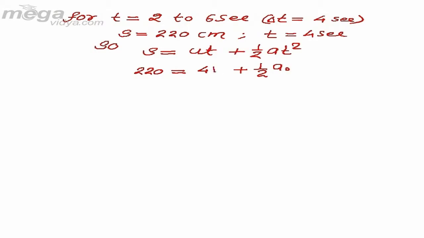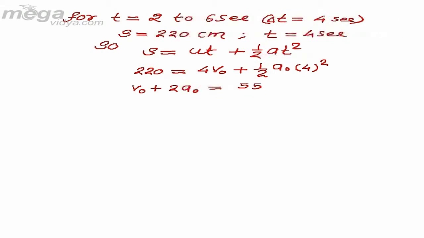It becomes 220 equal to 4 times v naught plus half into a naught into the square of the time interval, 4 square. Now this equation finally converts to v naught plus twice a naught equal to 55.